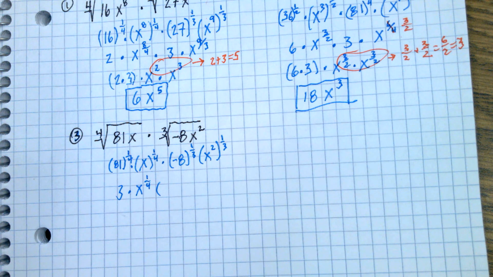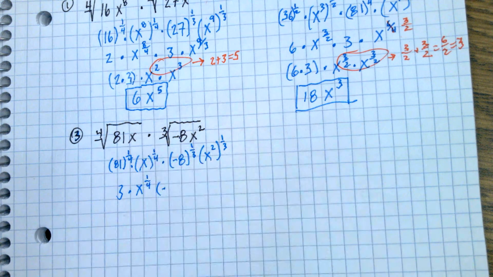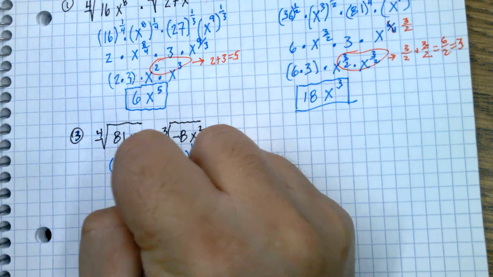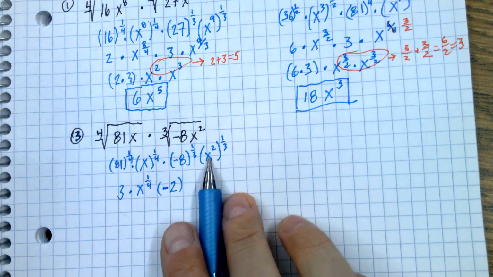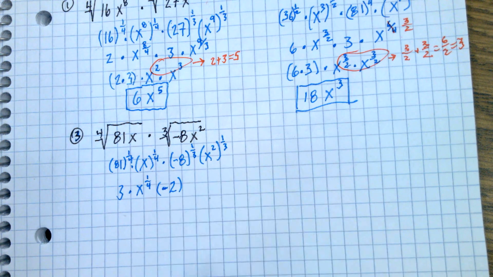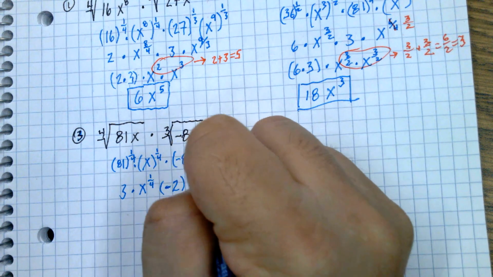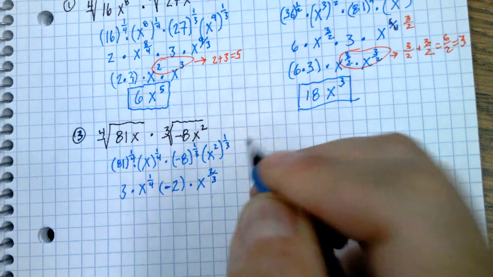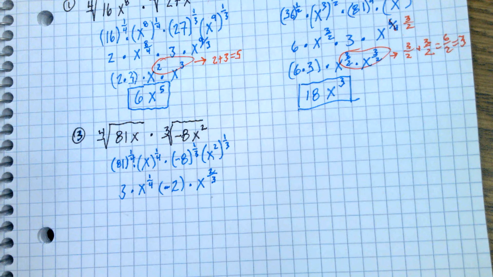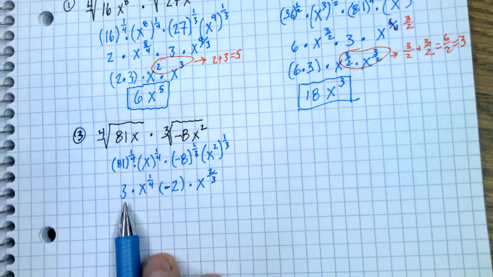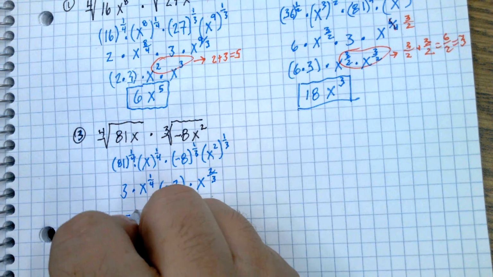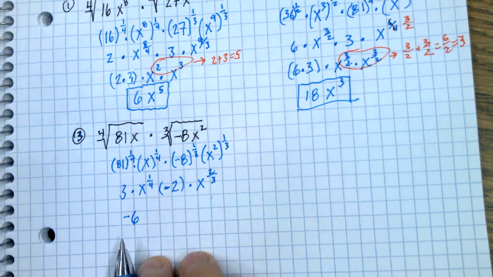Remember to use the negative button at the bottom. -3. Oh, -2. Yeah, I'm sorry, you're right. -2. How about x squared to the 1/3? That's going to be x to the 2/3. All right. So now let's go ahead and multiply 3 times -2. I got that from multiplying those.